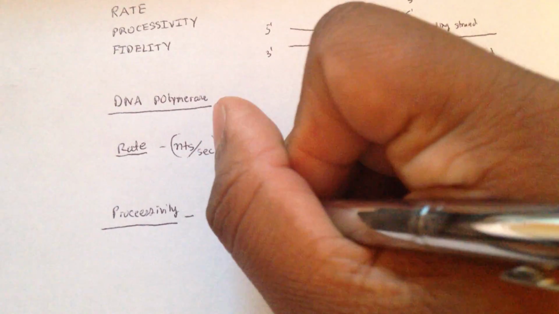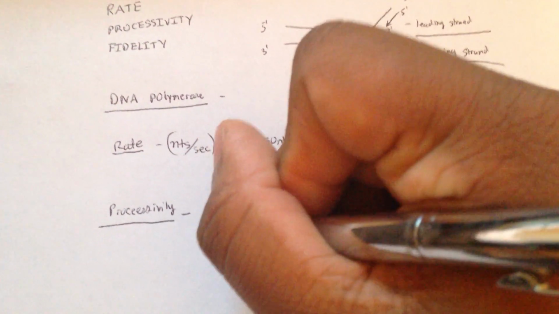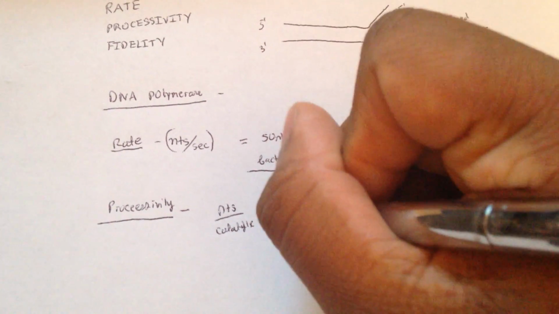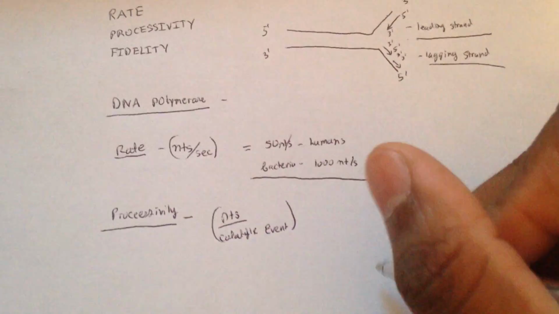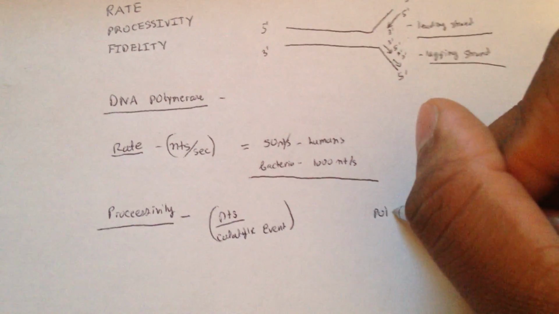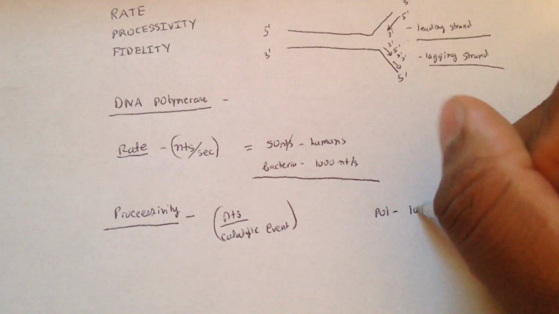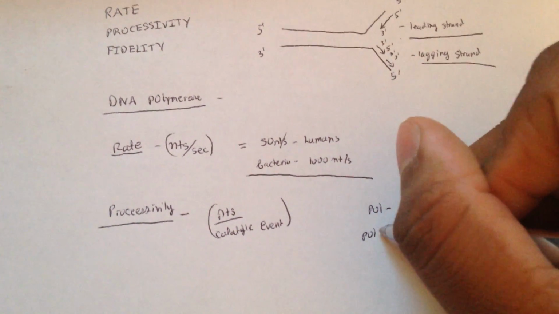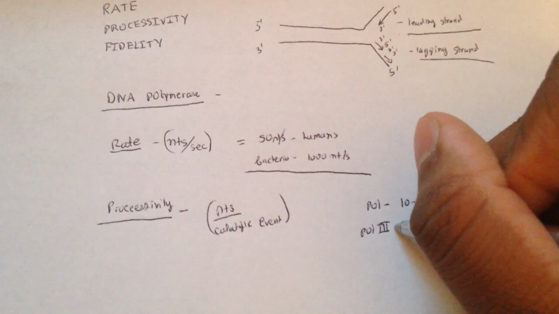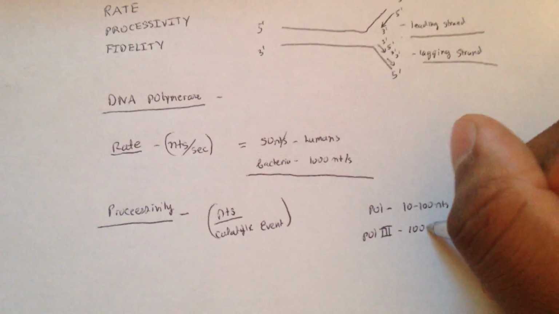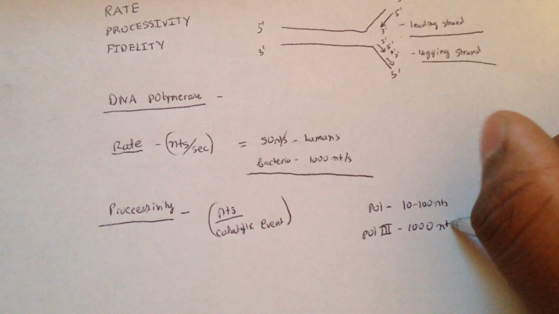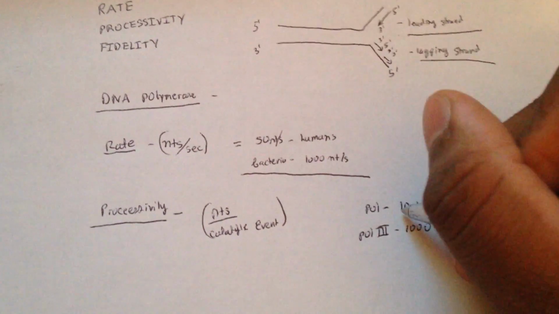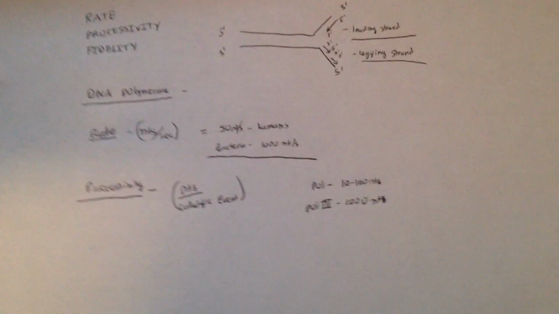So this is just nucleotides per catalytic event. And for Pol1, we have a processivity of maybe 10 to 100 nucleotides, and for Pol3, we have maybe about 1,000 nucleotides. My mistake, drop the seconds. Just 10 to 100 nucleotides and 1,000 nucleotides.